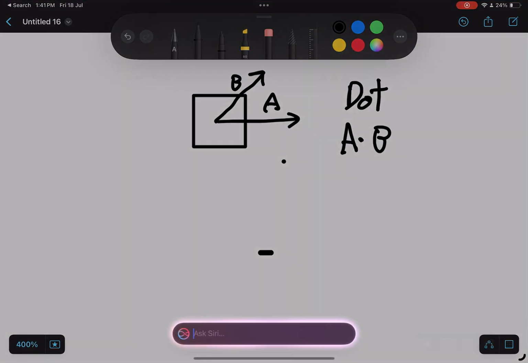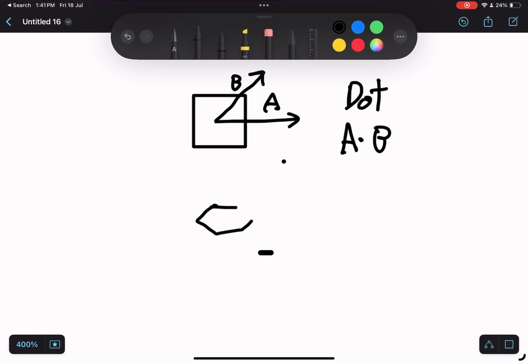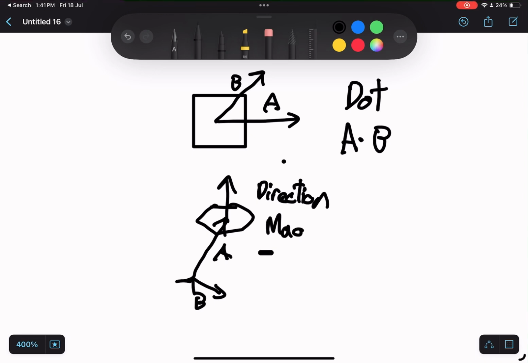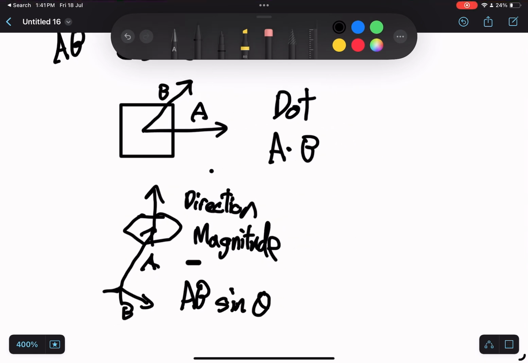And our final operation to be given to a vector is the cross product, which is defined as a vector which depends on the distance, it has a direction, and also the direction vector of the force. And the magnitude and direction are both needed for it to be a vector, and its magnitude is AB sine theta.